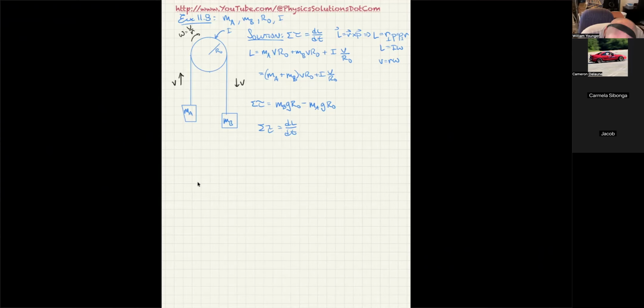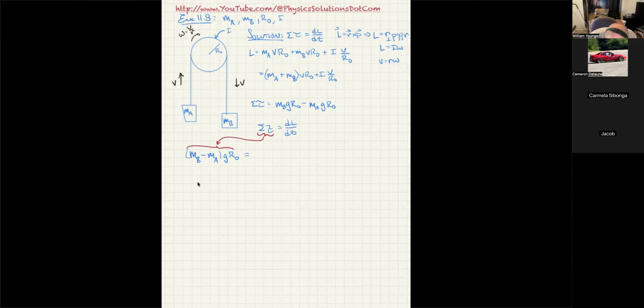I'm going to factor out the common terms in the summation of the torques, and that's going to give me (mB minus mA) times, now I have a common g times r0, and that's the torque side. And then we're going to say that is equal to dL dt.